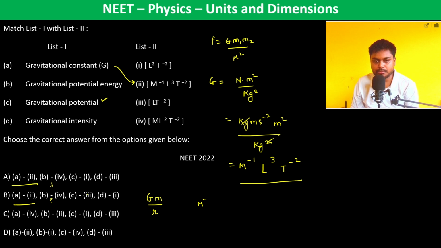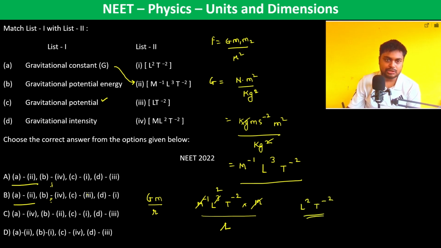So M to the power minus 1 L cube T minus 2 into mass, which is kg, divided by r, which is L. So mass is gone, and this is L square T to the power minus 2. So gravitational potential matches 1. So C is 1.